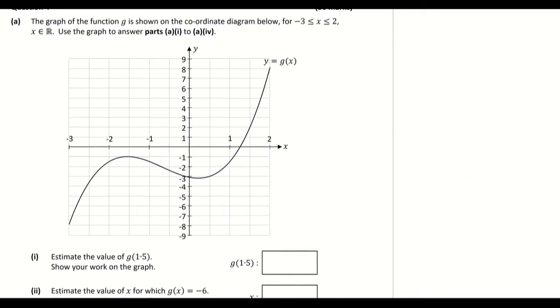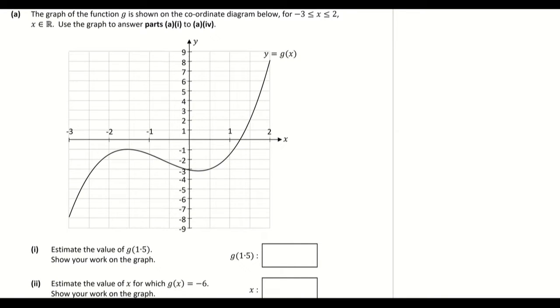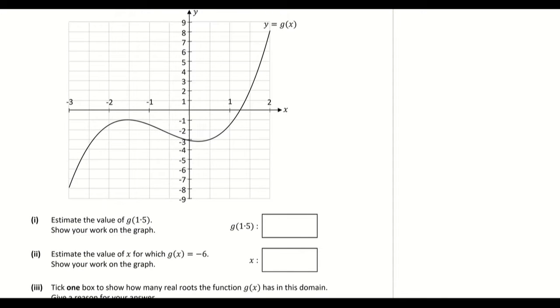Question 4a is functions. The graph of the function g is shown on the coordinate diagram below. Use the graph to answer part A1 to AIV. So using the graph, they'll give you a little bit of leeway here in the marking scheme if you're a little bit off, because you're just estimating from the graph. So part 1, estimate the value of g of 1.5.